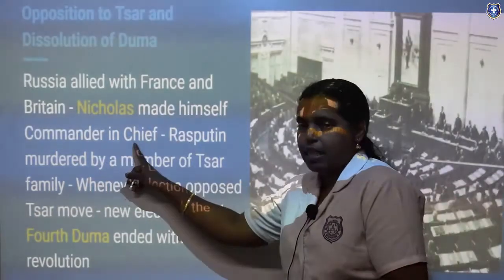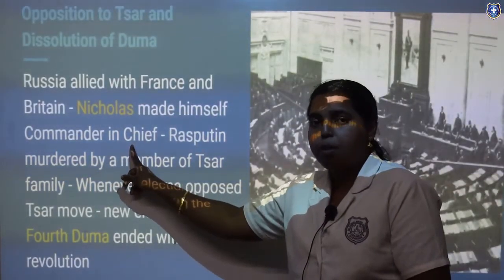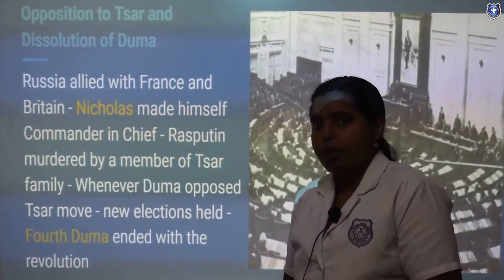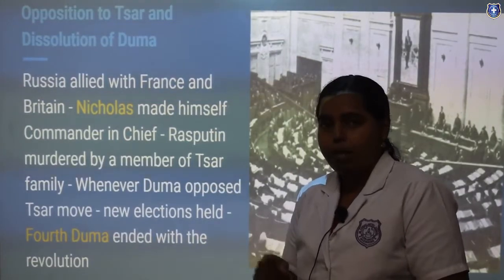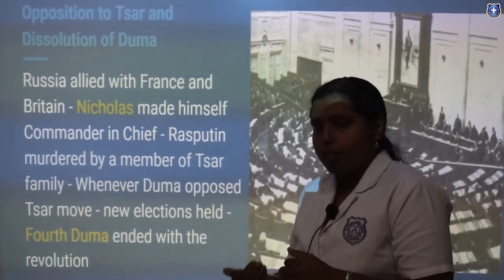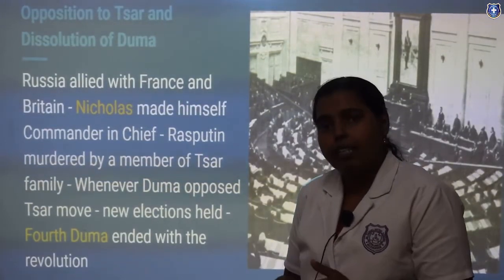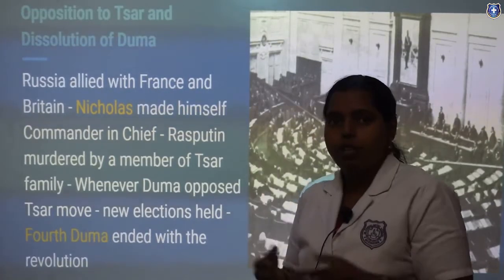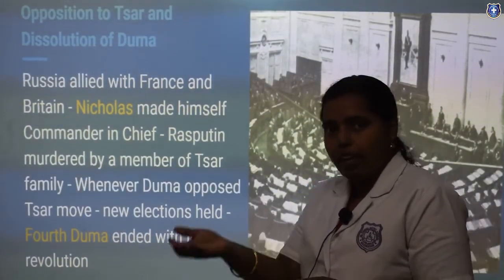Nicholas made himself commander-in-chief because he did not trust many of his ministers. He mistrusted them because he was under the domination of his wife Alexandra, and the Tsar gave more importance to flatterers in his court, in his palace. So he was not listening to the good ministers and what they advised him.